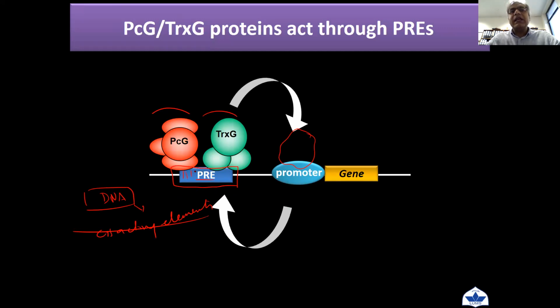Later on it was discovered that Trithorax group complexes also bind at the same site, and they regulate gene expression by acting on the promoter. The gene state depends on which complex is going to overrule. If Trithorax overrules, the gene will be maintained in the on state. If Polycomb overrules, the gene will be maintained in the off state.